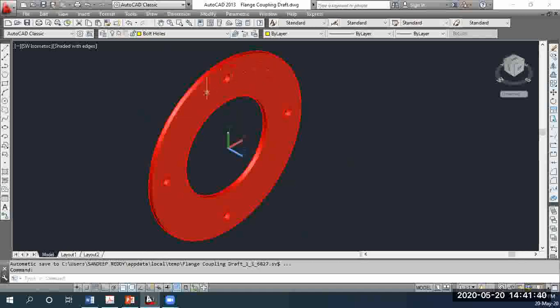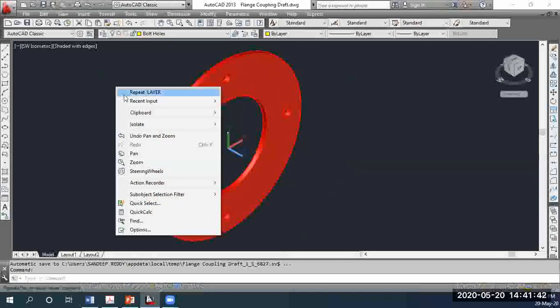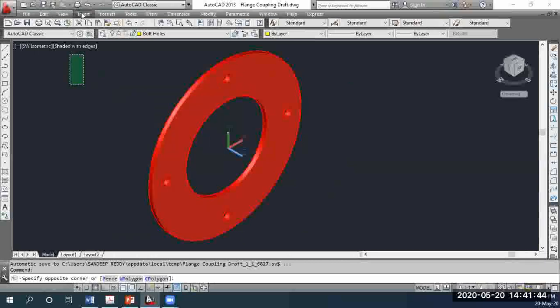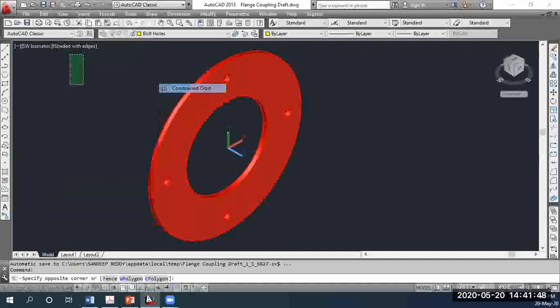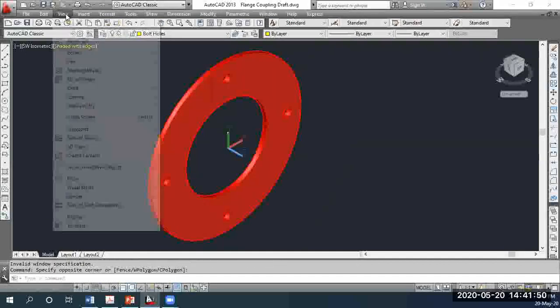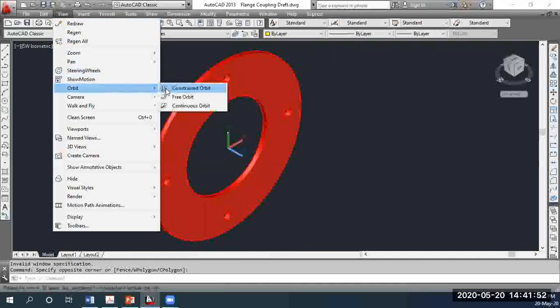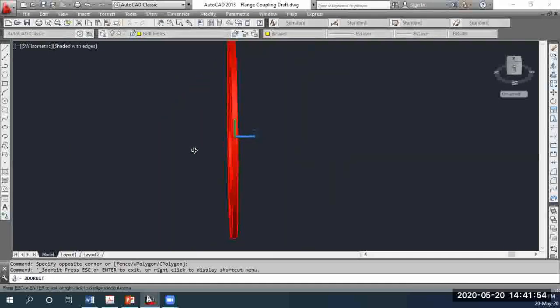So you have to determine how thick. If I go to view and orbit this, yes, that is what you're after. Through the calculations, you have to determine how thick the web will be.